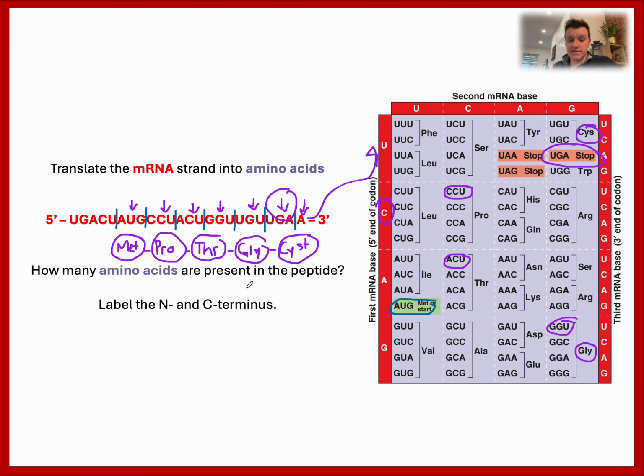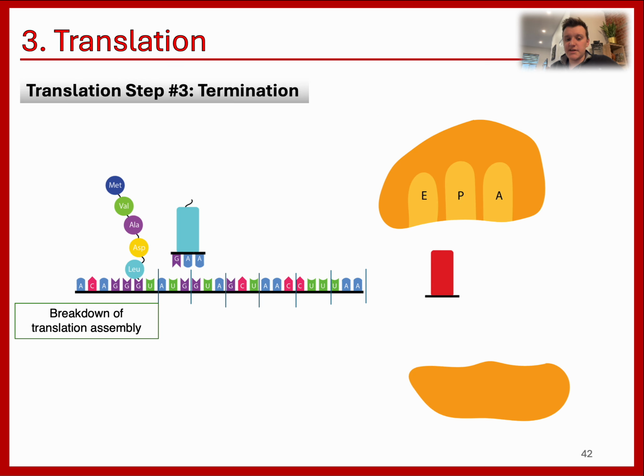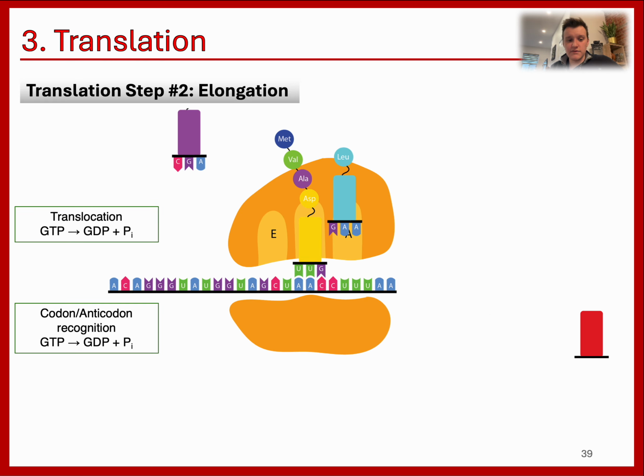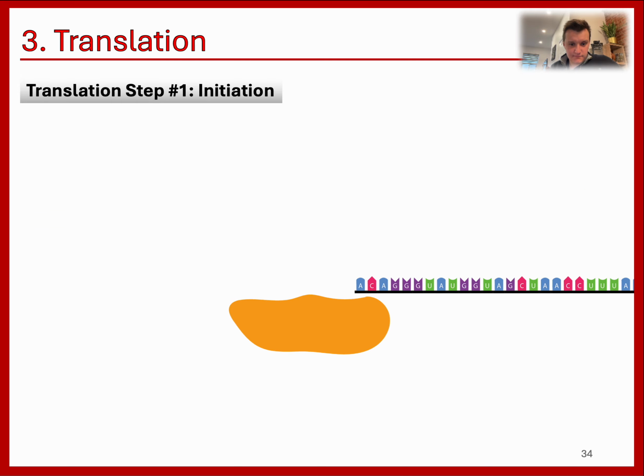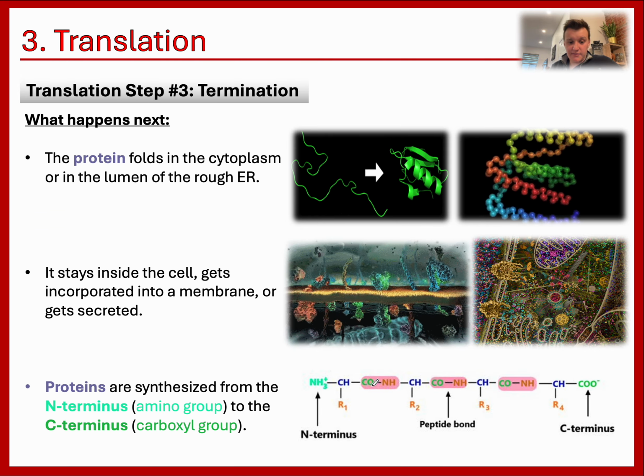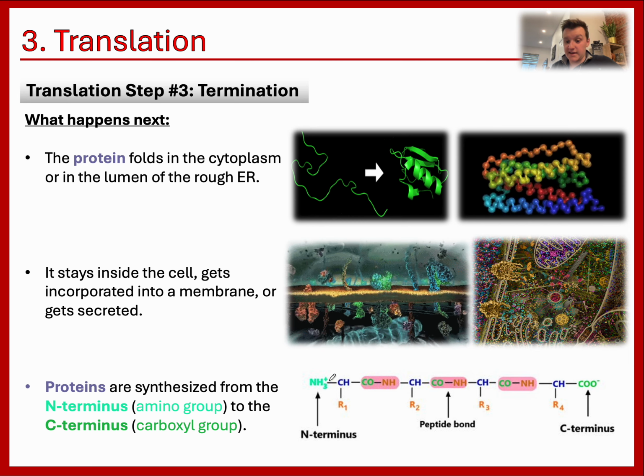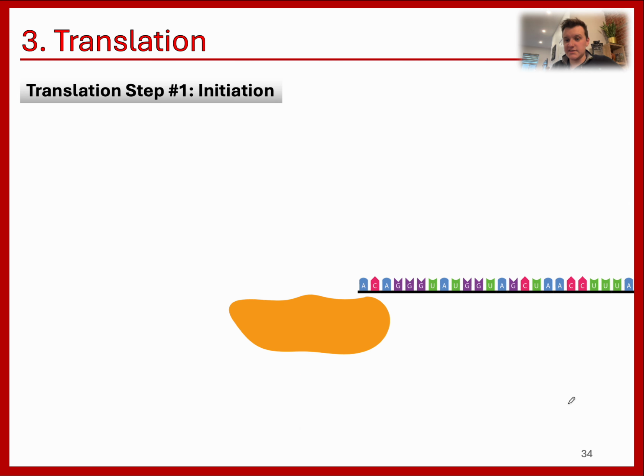So how many amino acids are present? 1, 2, 3, 4, 5. There's going to be 5 of these amino acids present. Here it says label the N and the C terminus. Let's go back. I'll show you. Remember that the beginning part, the amino group, is called the N terminus, and at the end you have the C terminus.